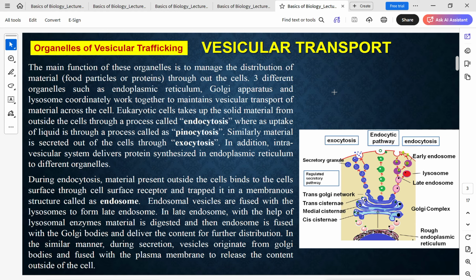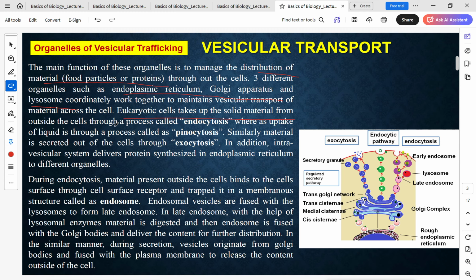The main function of the vesicular trafficking system is to distribute material, proteins, food throughout the cell. Majorly 3 organelles are involved: endoplasmic reticulum, Golgi apparatus and lysosome. All of these together coordinate their functions to make sure that the cell is healthy.